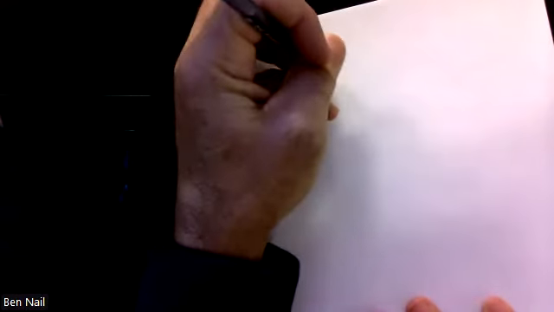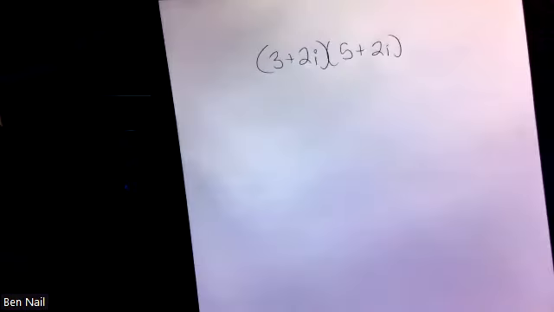Not to be confused with multiplying complex numbers. Now, when multiplying, again, it follows the same rules as real numbers. When you multiply two quantities, you have to distribute.